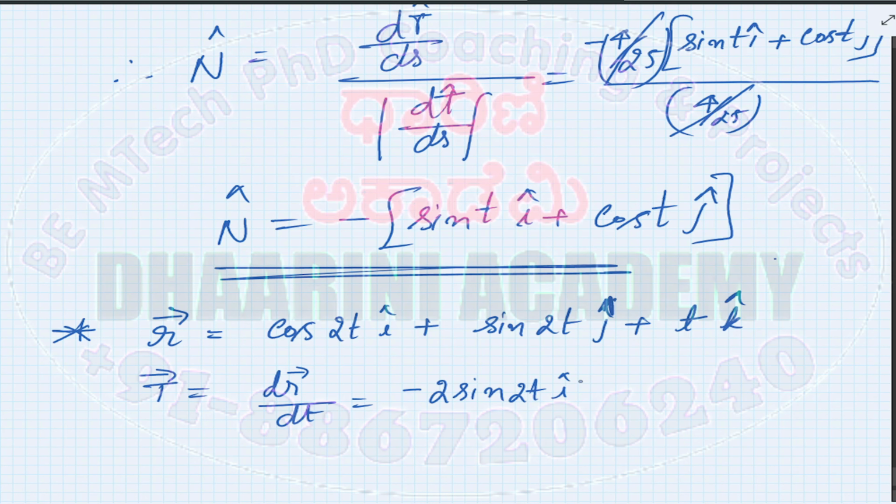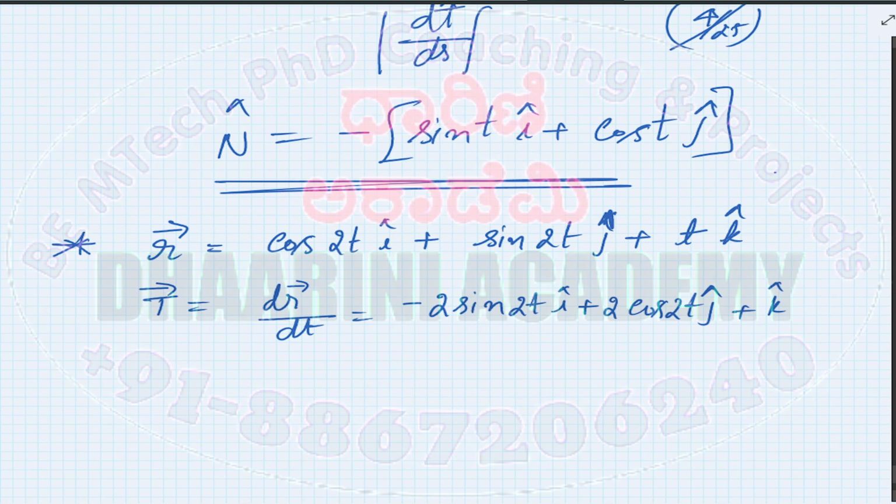All right. Sin t is positive, so this is plus 2 cos 2t into j cap plus t differentiation is 1 into k cap. Correct? So this is the t vector.